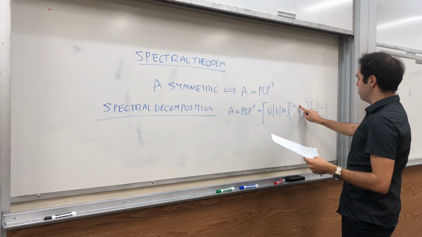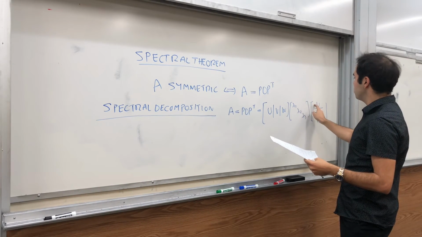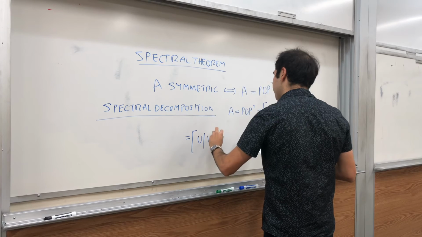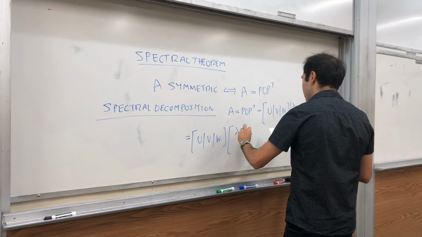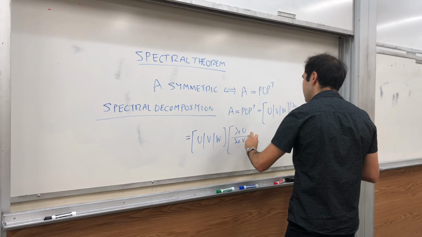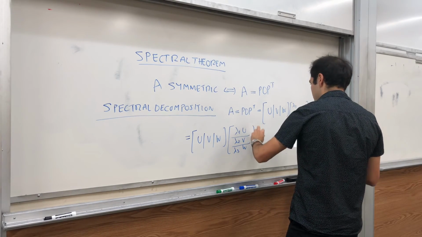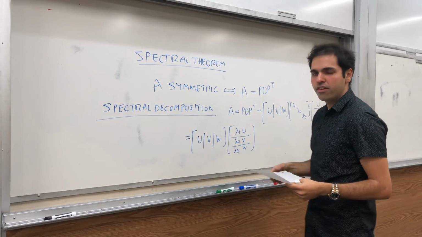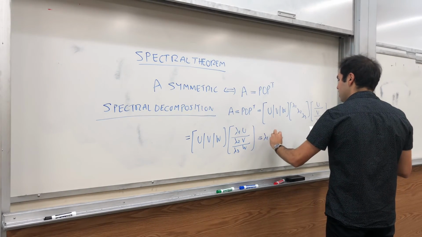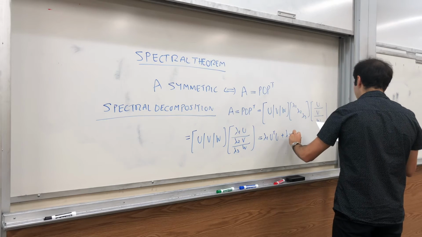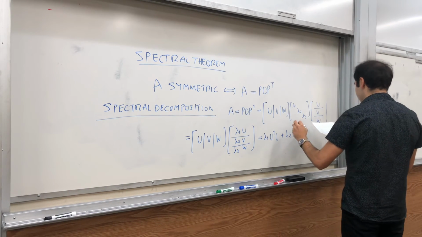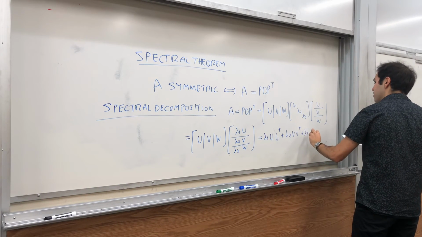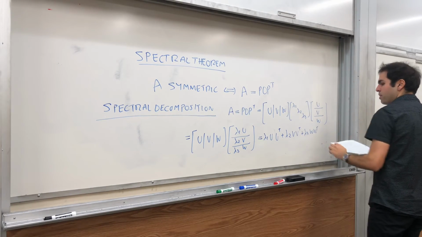Then what does a diagonal matrix do? It just multiplies each row by the value. So this is U, V, W times lambda 1 U, lambda 2 V, lambda 3 W. And it turns out if you multiply those matrices together, you will indeed get lambda 1 times UU transpose plus lambda 2 times VV transpose plus lambda 3 times WW transpose.